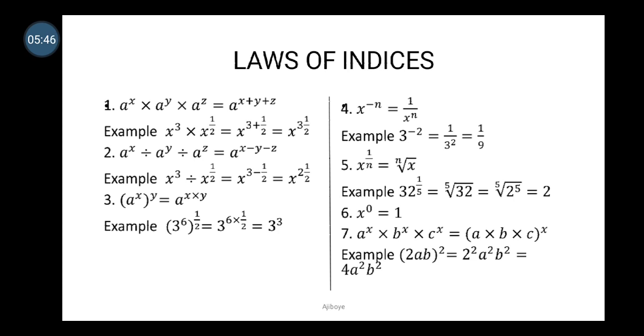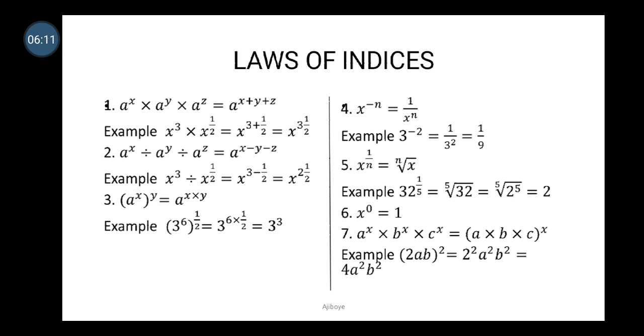Let me state clearly that this law only applies to index numbers of the same base. So when you are applying the law, make sure that the index numbers you want to apply the law to are of the same base. Okay?